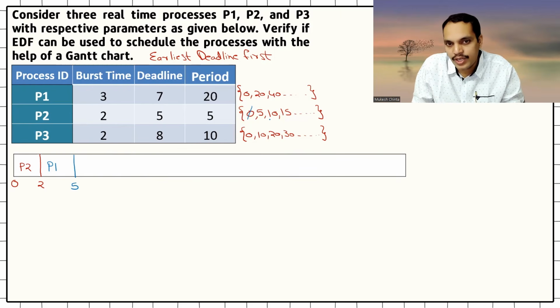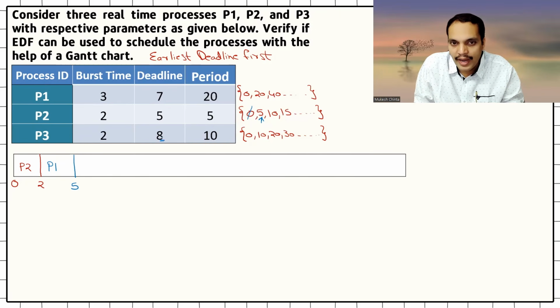Now, at time t equal to 5 milliseconds, once again P2 enters into the system. For this particular P2, the deadline is 5 plus 5, which is 10. But there is already another process P3 waiting inside the queue with a deadline of 8.